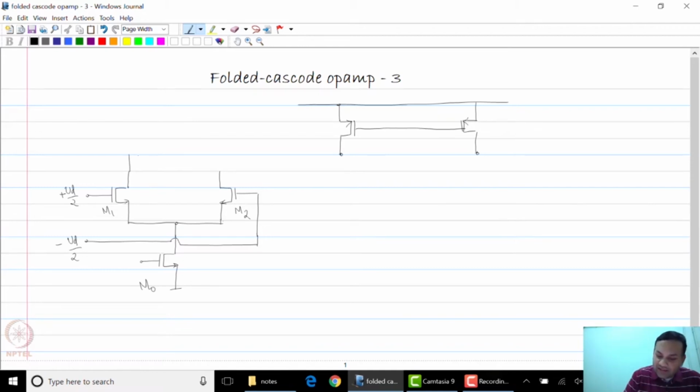So let us say that transistor M1 is connected so, and transistor M2 is connected to this PMOS transistor.